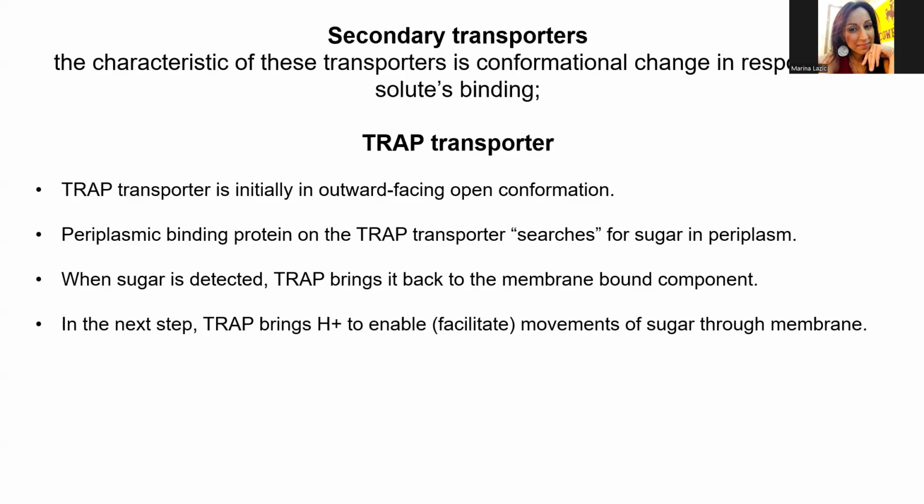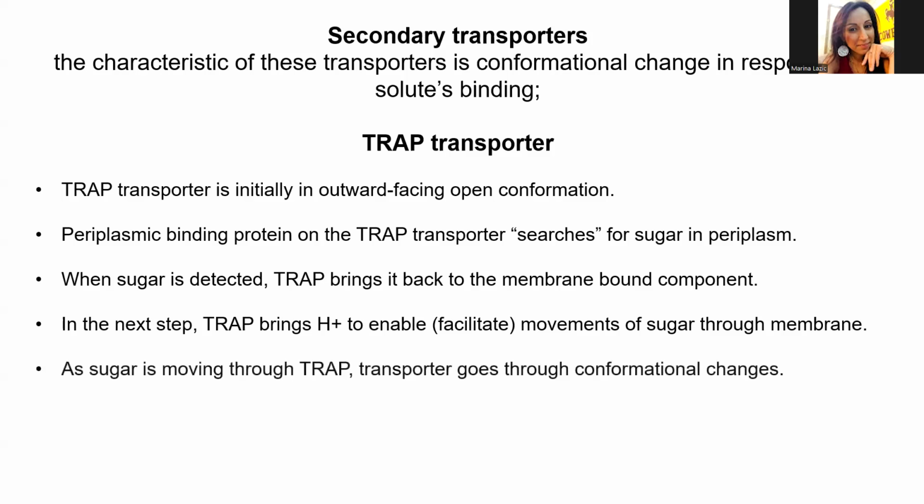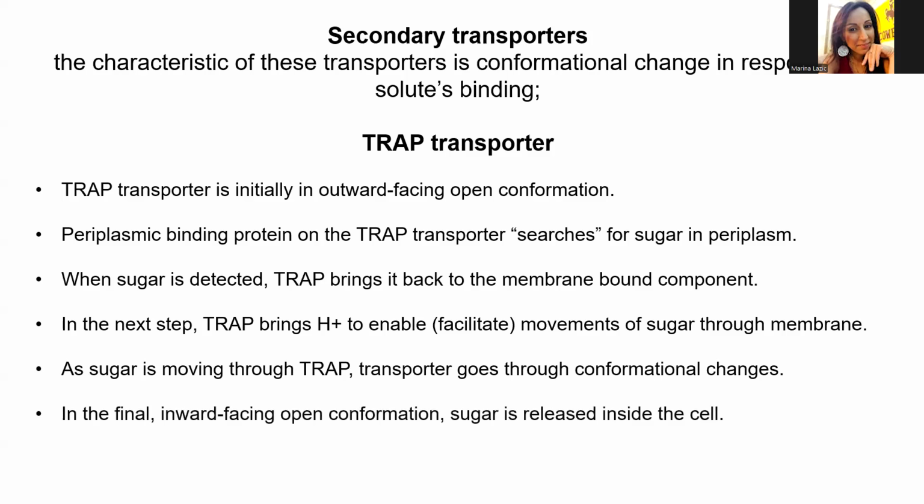As sugar is moving through the transporter, the transporter goes through a conformational change. We have that intermediate transport. And finally, the transporter is in the so-called inward facing conformation, and sugar gets released inside of the cell.